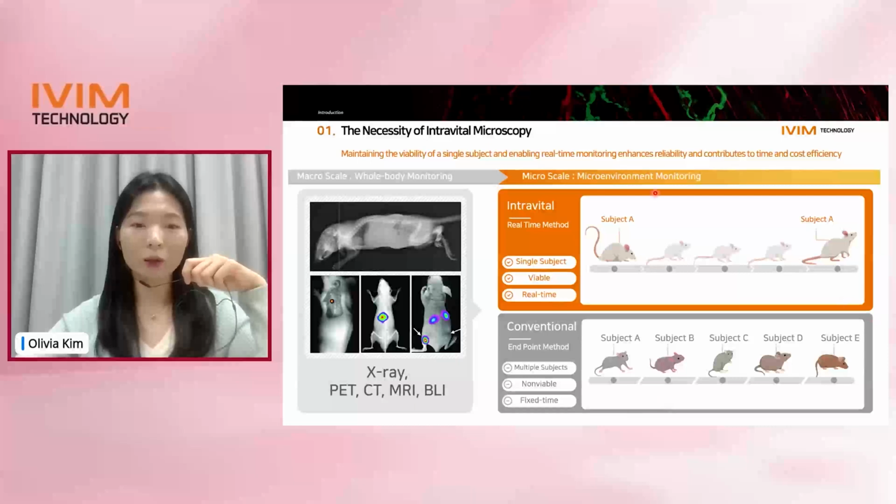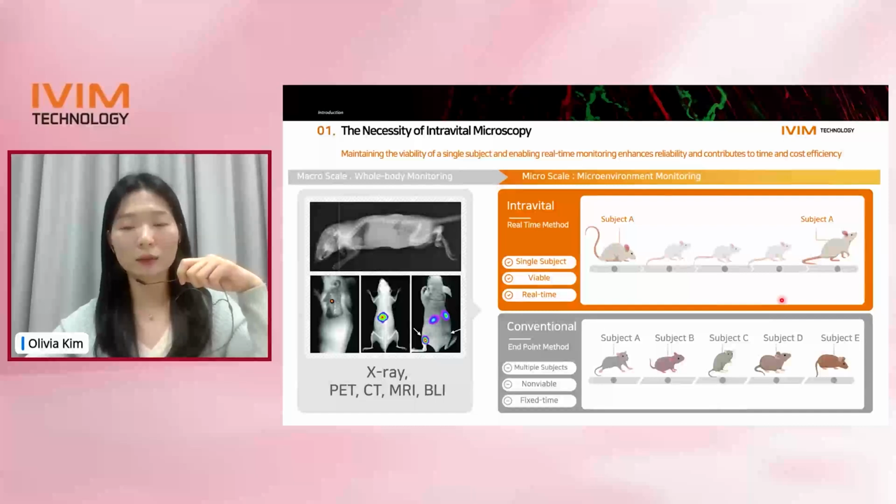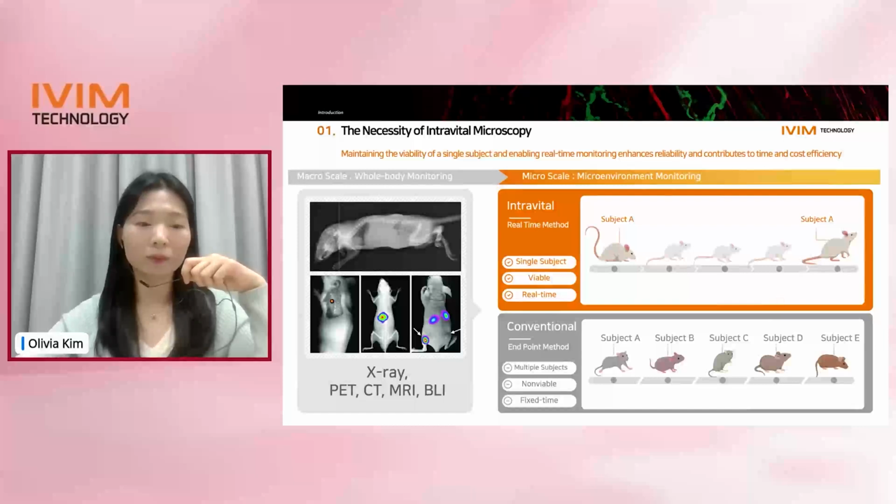In contrast, our system allows longitudinal imaging within a single living subject at defined intervals, dramatically improving consistency and reliability. Beyond static image acquisition, it enables real-time, dynamic visualization of biological processes as they unfold, offering a far richer and more accurate perspective on complex physiology.